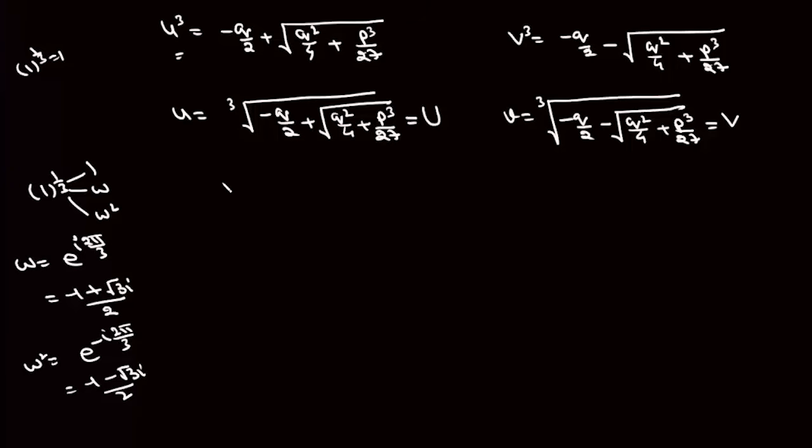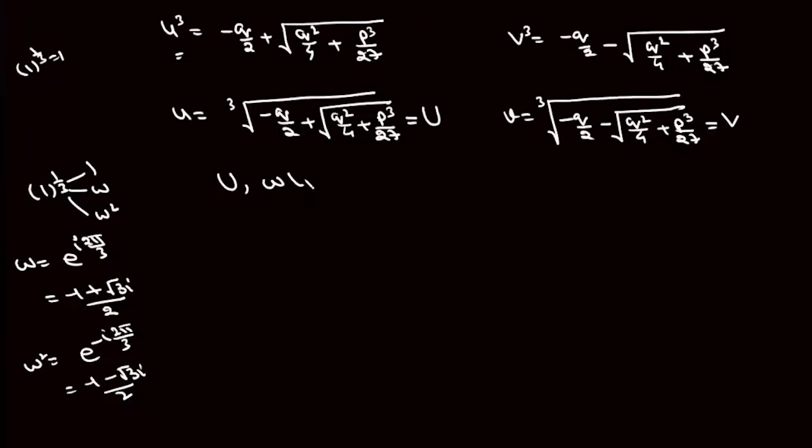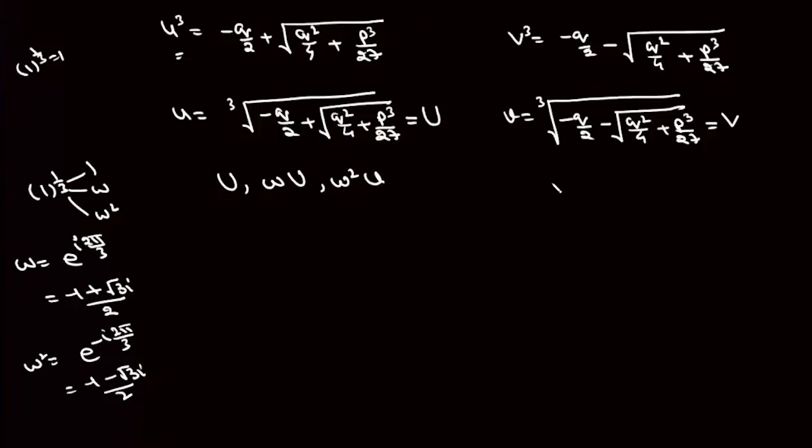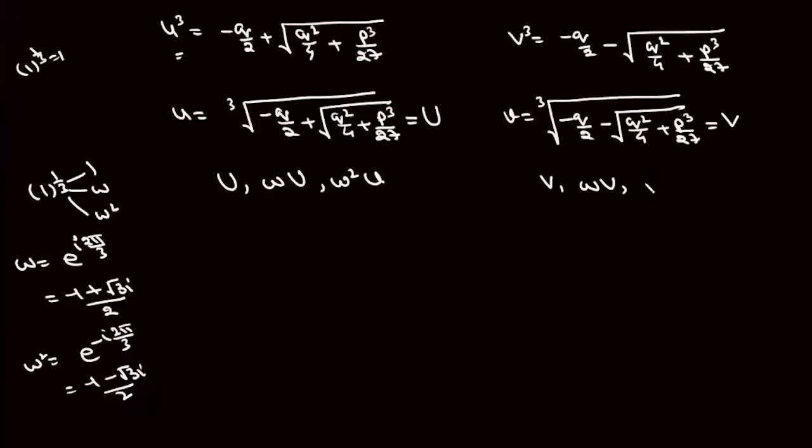So along with u, this equation will give us three roots: u, omega u, and omega square u. And the same way, this equation will give us v, omega v, and omega square v.